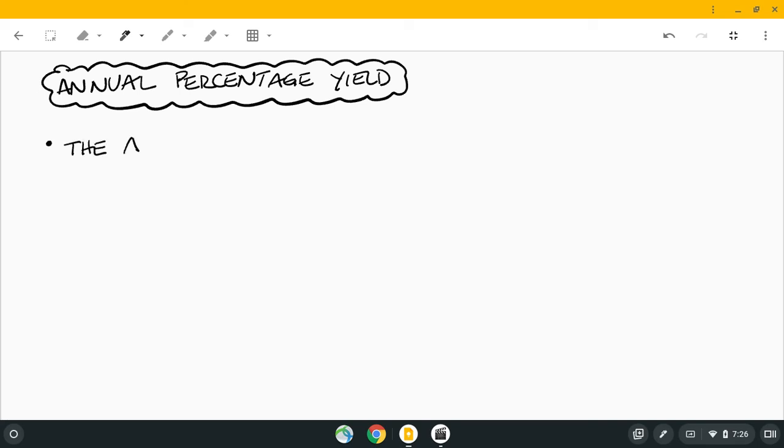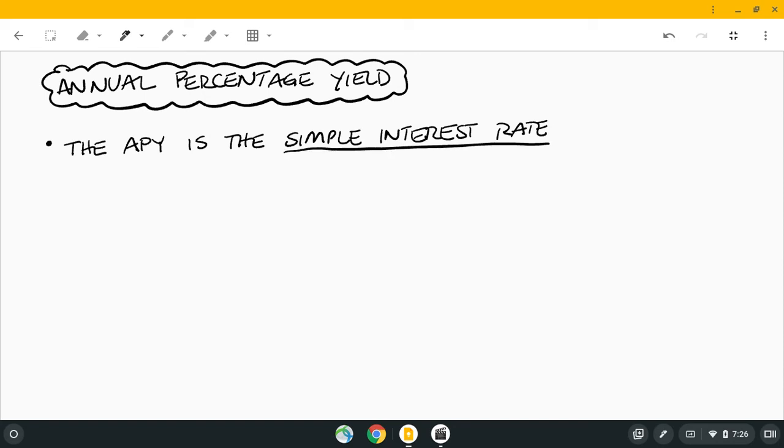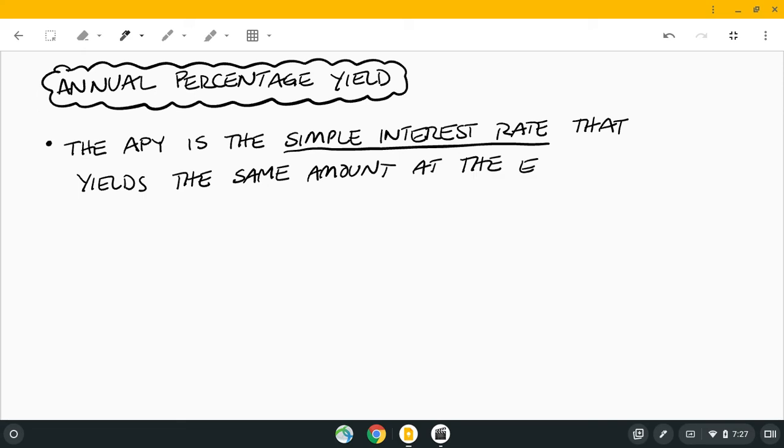The APY, annual percentage yield, is the simple interest rate that yields the same amount at the end of the year, the end of 1 year.